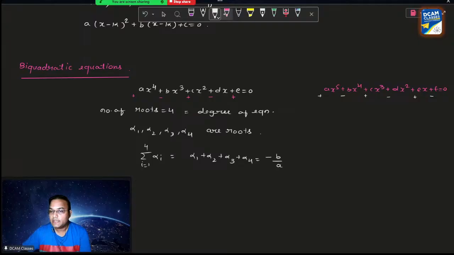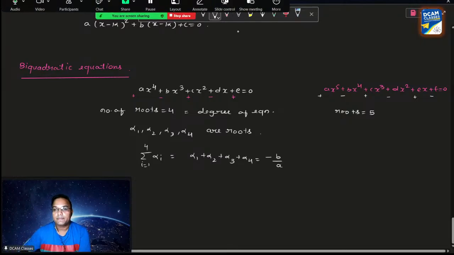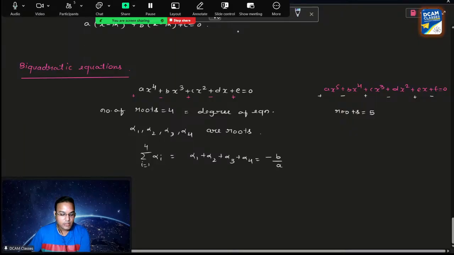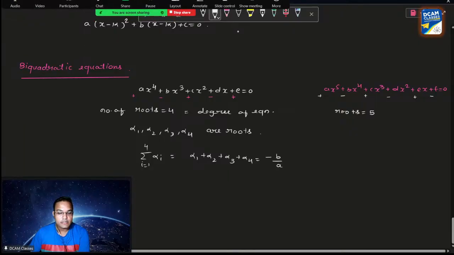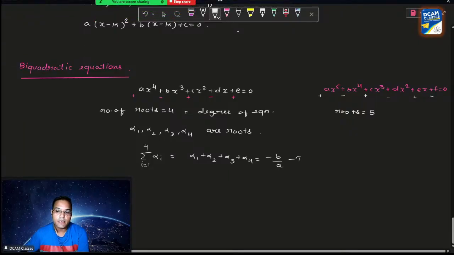Okay, now in this case the number of roots will be 5, obviously. Like that you have to take. Now in this particular case, the first condition you have to remember is the sum of the roots is minus b by a.